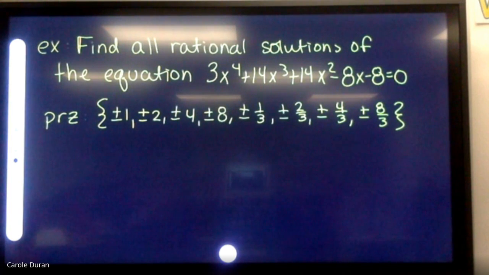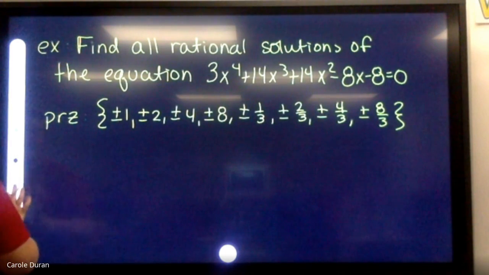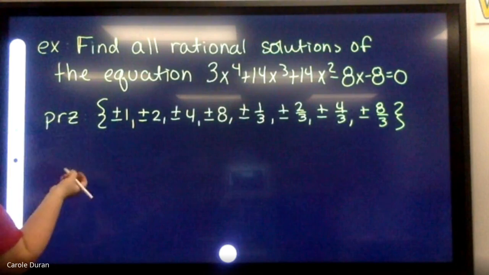This example allows us to do it without maybe as much synthetic division. And the alternative to doing all that synthetic division is to graph this equation. You can do it on your calculator. You don't have to do it freehand. It's fine. So graphing it on your calculator.